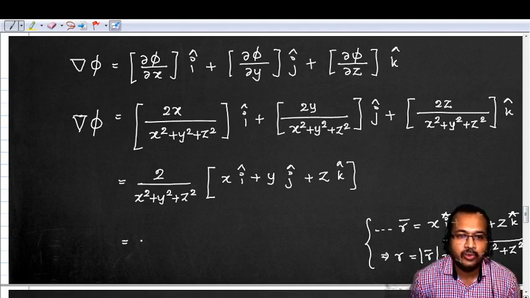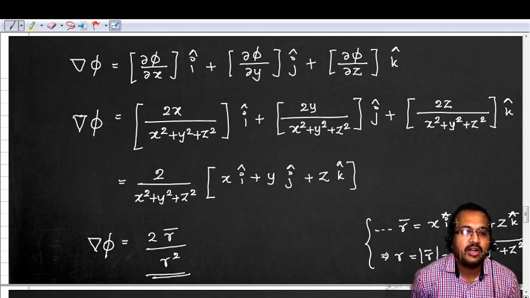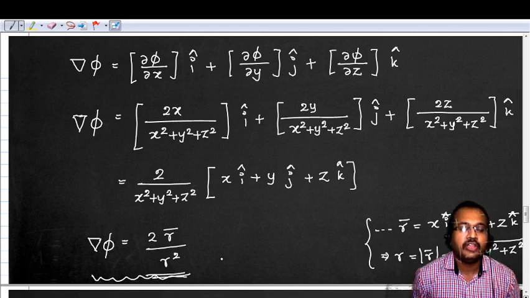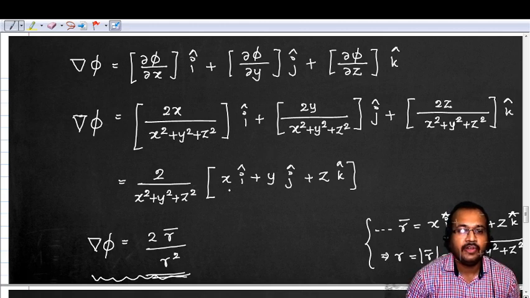By using these notations, we can rewrite it as 2 times r bar upon r square. This is just the alternate representation for the given gradient in terms of r. So in this way we can simplify and find the value for the gradient of any scalar function.